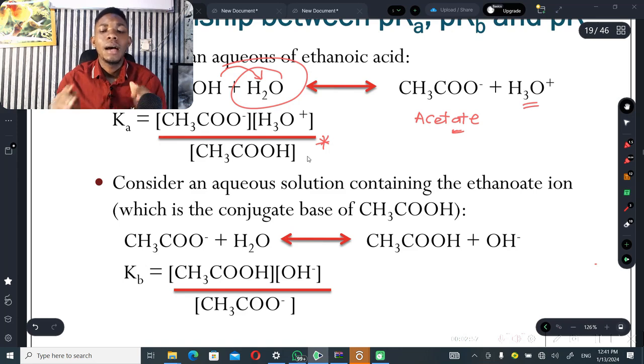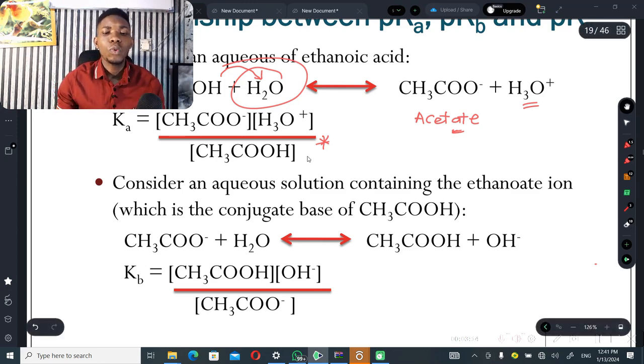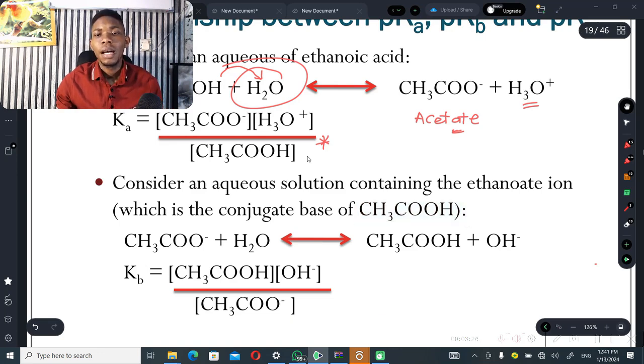Of course, at this point in this lecture, you should understand what the conjugate base is all about. Now, you agree with me that this one here is a base and the H2O is the acid in this case, because you have already been told that this is a base.